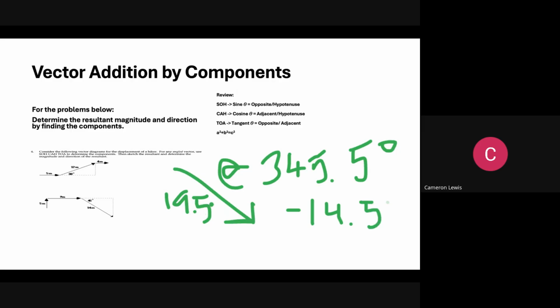Or what quadrant was this in? Southeast. Southeast. Make sense?